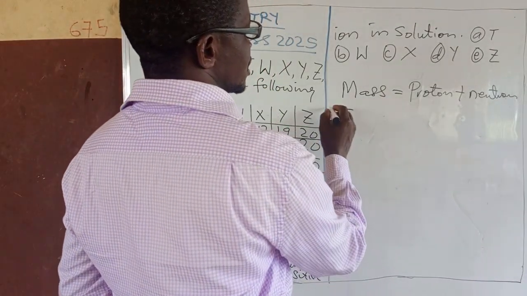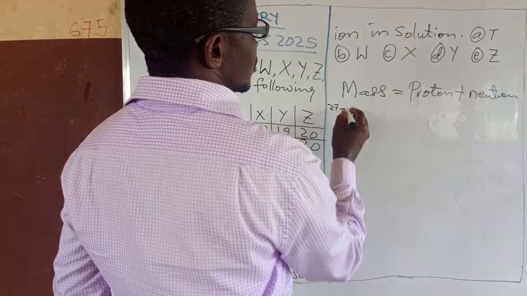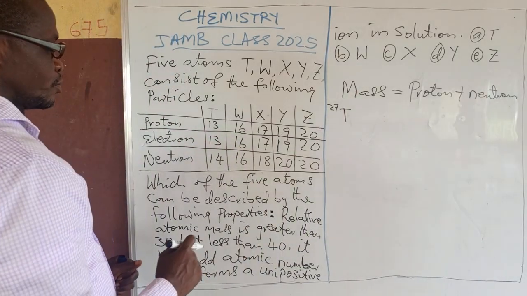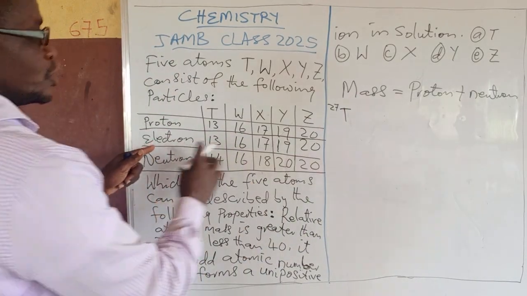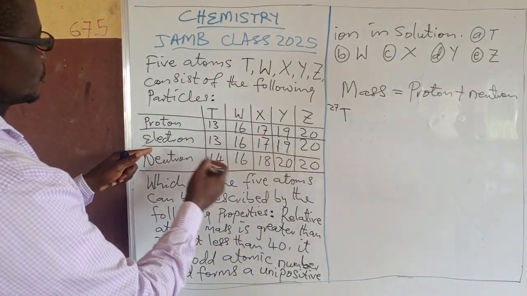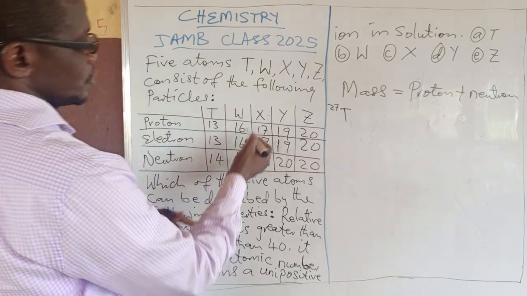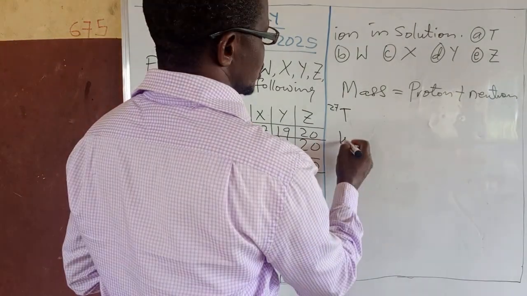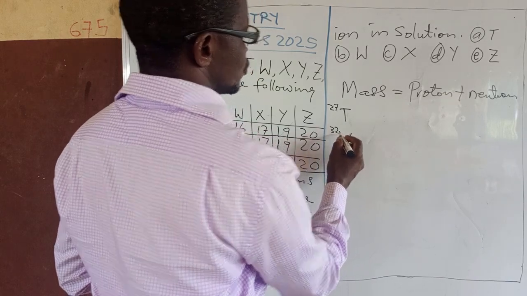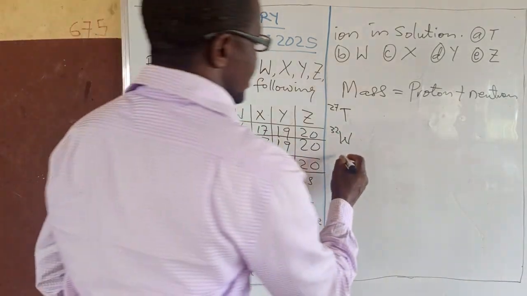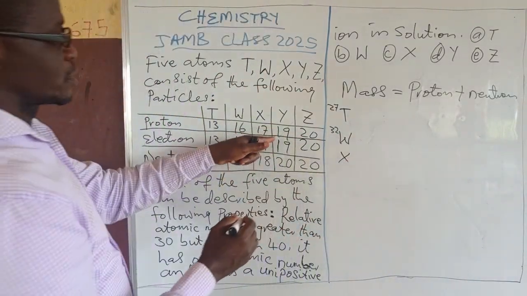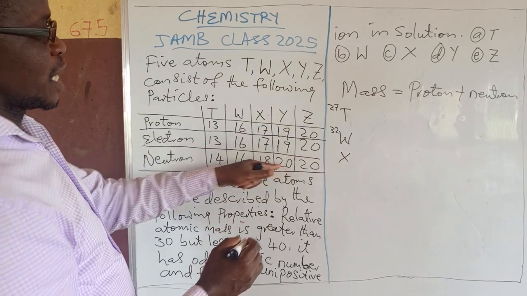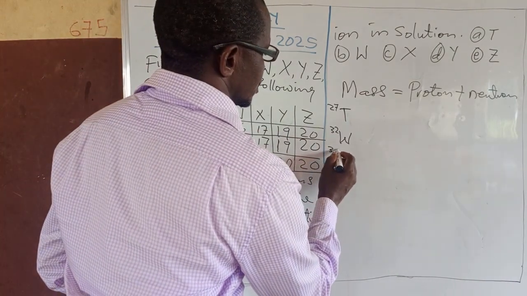If I care, I can say 27 on top of it. Now, the next one is W, you add this to this. That's 32. W is 32. Next is X. Add this to this. That's 39.